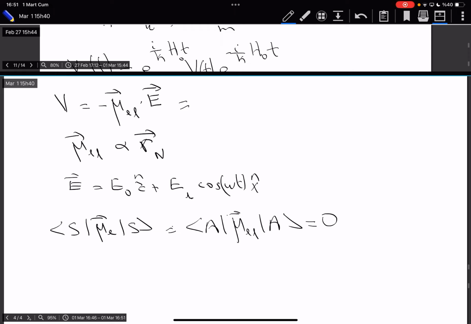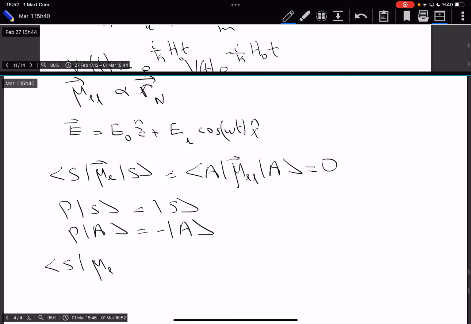Why? Because of parity. Under parity, the symmetrical state goes to the symmetrical state, and the anti-symmetrical state goes to the negative of it.